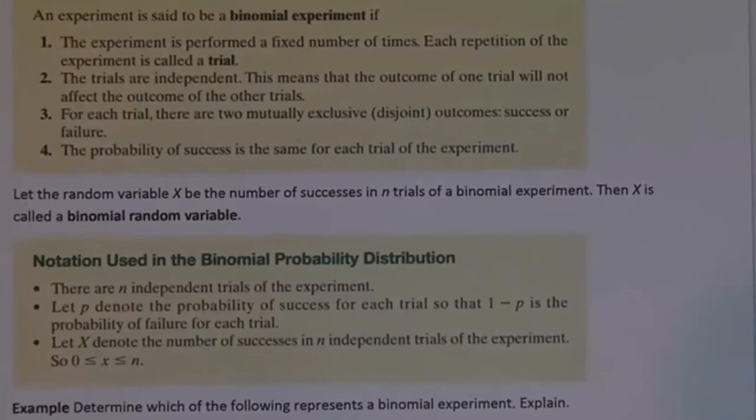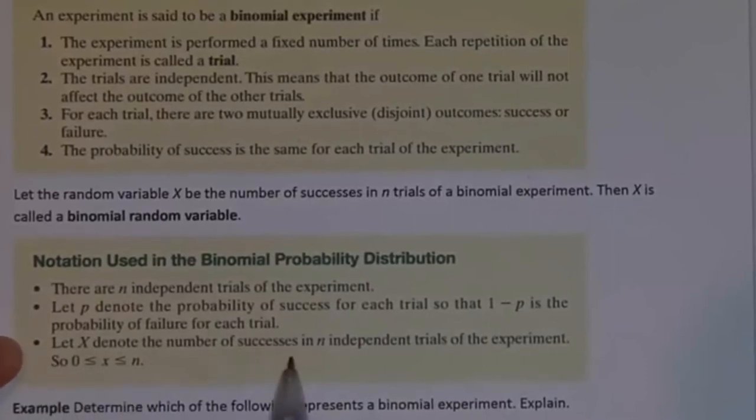The probability of failure is then going to be 1 minus p. So if I'm an 80% free throw shooter, there's an 80% chance I'll make the shot, which means there's a 20% chance I'll miss the shot. So 1 minus p is the probability of failure. Again, success and failure are complements.